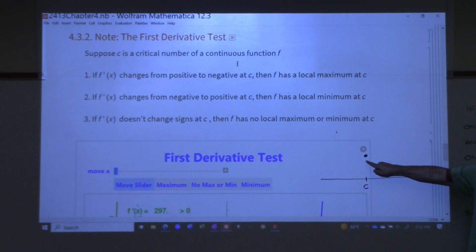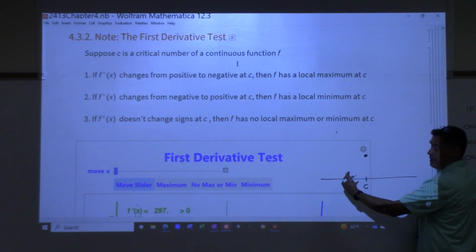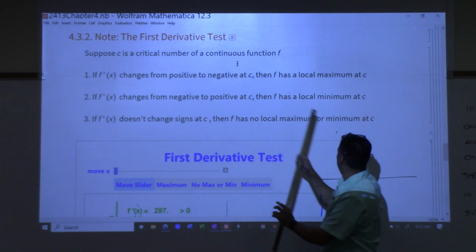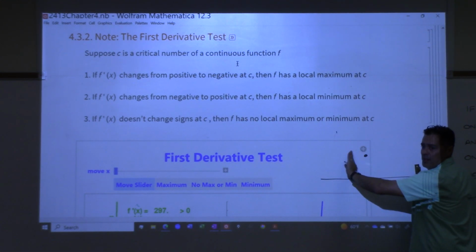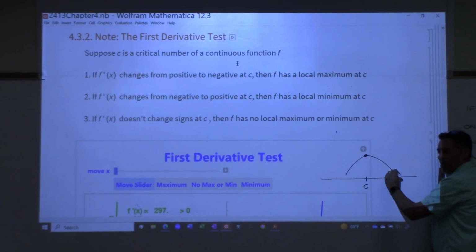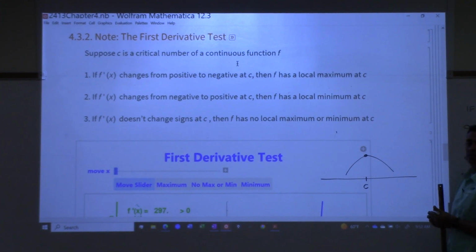That means that the derivative is either 0 there or the derivative doesn't exist there, right? The derivative on the left side of it goes from positive to negative. So I tell you over here the derivative is positive, but over here the derivative is negative. Do you all see that that would mean it would have to come up and then back down? And that would force that to be a local maximum, wouldn't it?